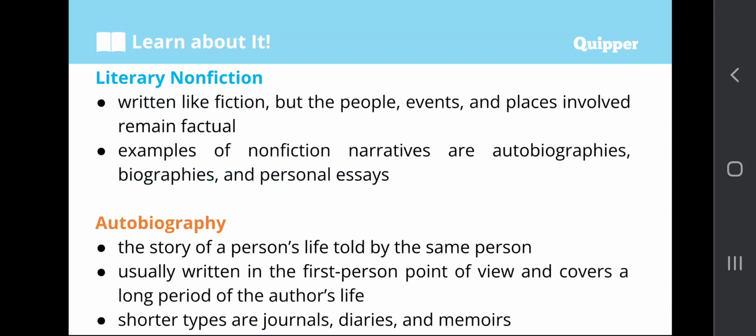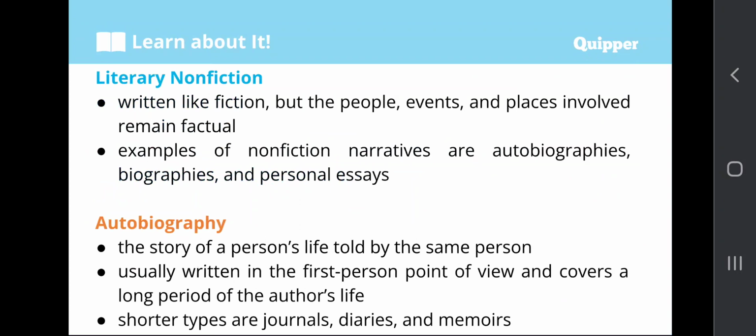Literary nonfiction is written like fiction, but the places, the people, and events that are involved remain factual, meaning these are based on facts, actualities that have happened, that are existing. Examples of nonfiction narratives are autobiographies, biographies, and personal essays.